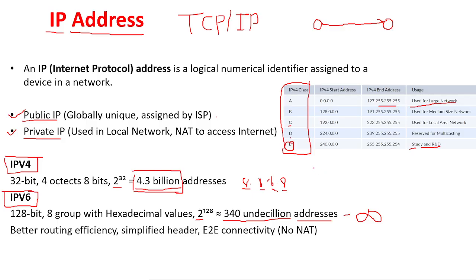So why there is a need of IPv6 address is because of the IP address constraints.